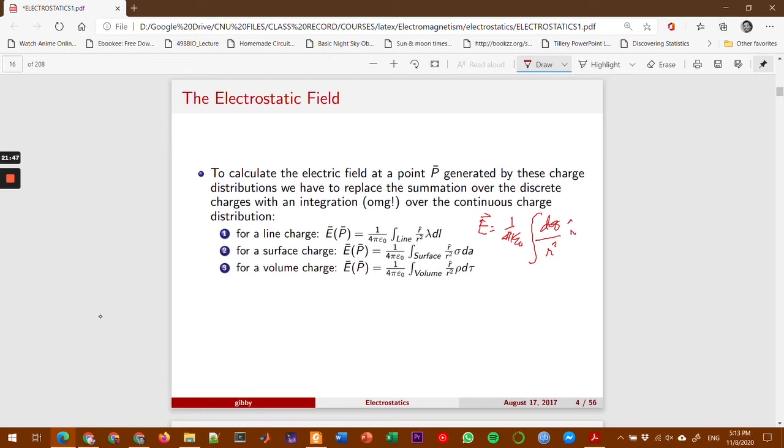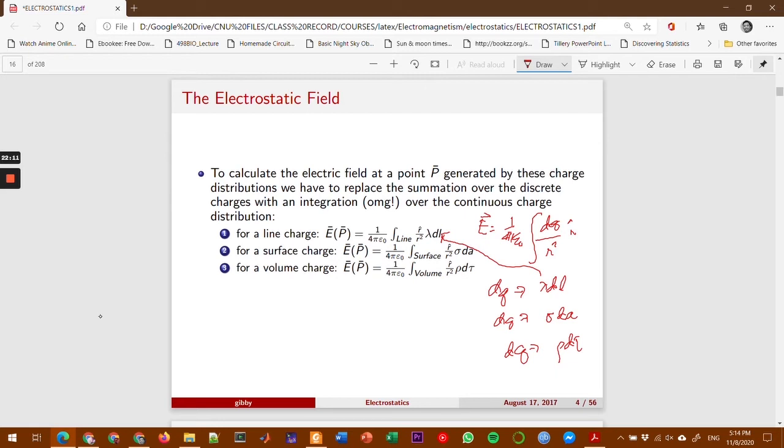Where dq, it could be anything. Ang dq pwede siya line, where line dq is lambda dl. Or pwede put ang dq, it's a surface. You have sigma dA. Then your dq could be volume element, so that's rho d tau.